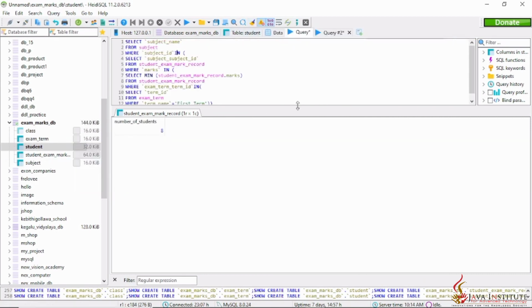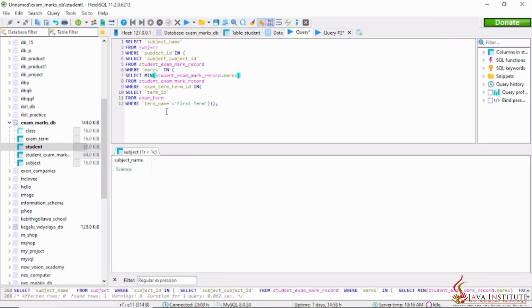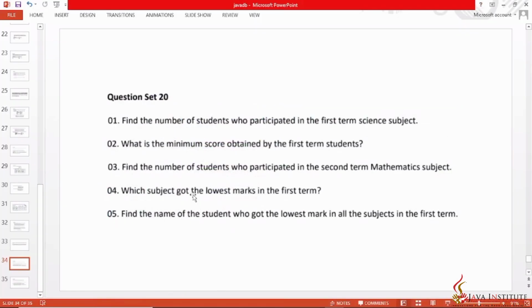This is the query. So then I have executed this. Here the subject name science came. So the subject that got the lowest marks in the first term is the science subject.